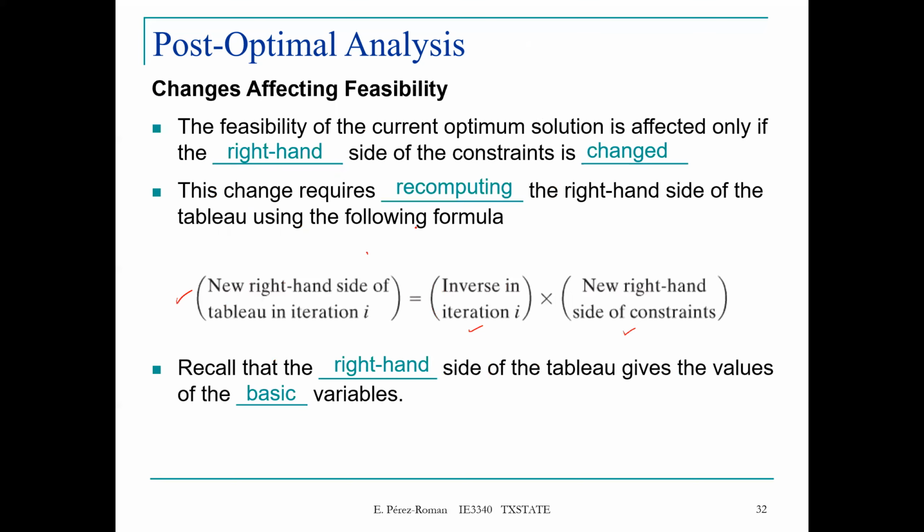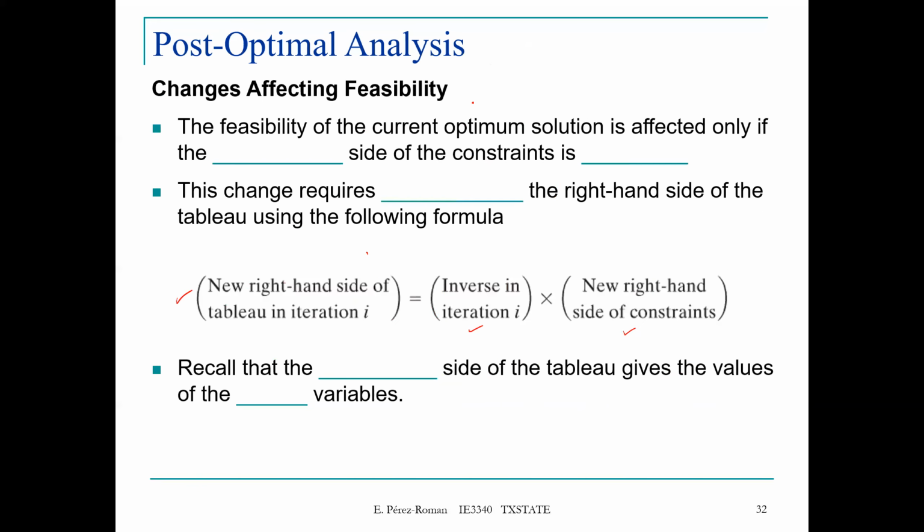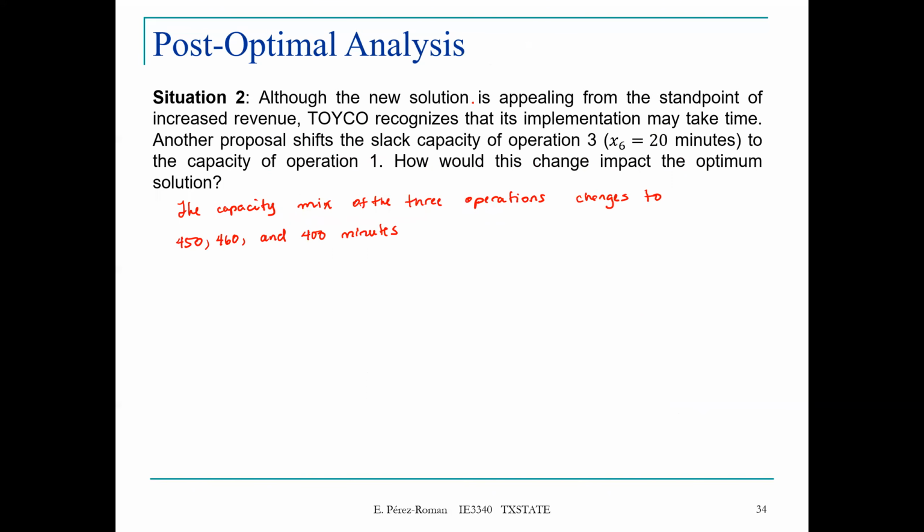If you remember in the original problem, these were the values. So what we did was we took 20 minutes from here and we added that to operation 1. That's why we get these values, 450, 460, and 400 minutes, respectively.